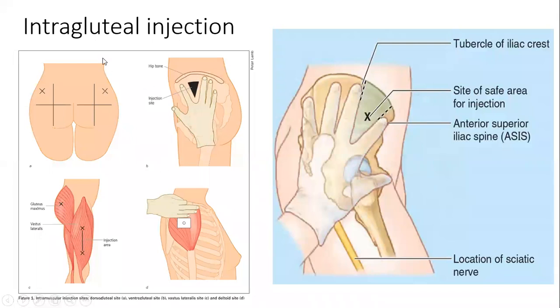So the very famous clinical that is often asked in the MCQs and SAQs and by professors in the Viva is the intragluteal injection. First look in the diagram on the right side.